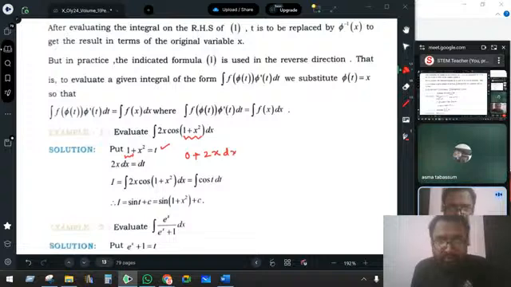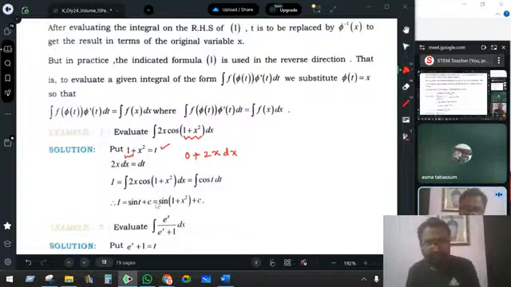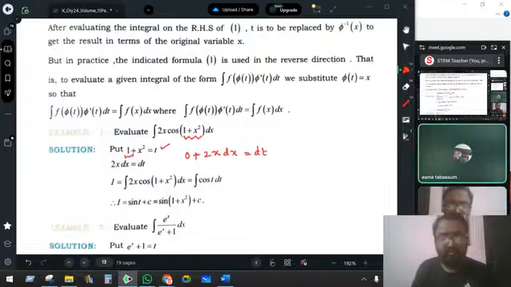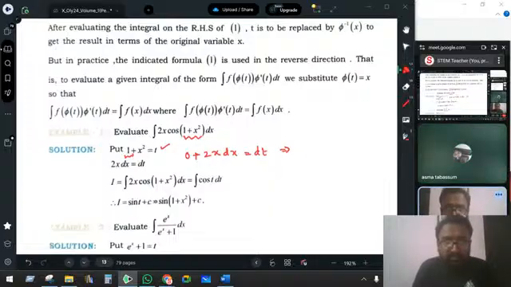And the derivative of t is dt. So 2x dx equals dt. Simply remember it like this: 2x dx equals dt. This substitution and this derivative are important.